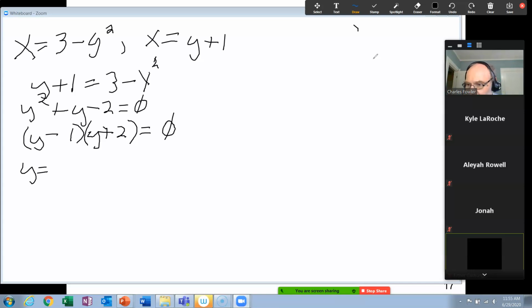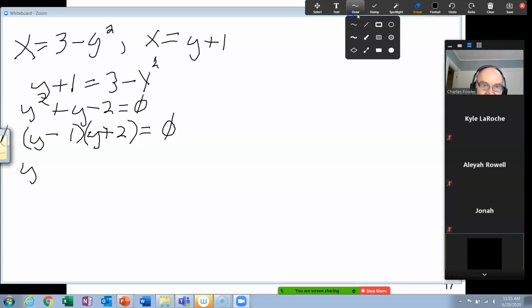Now we've got the eraser, I think, and back to the draw mechanism.